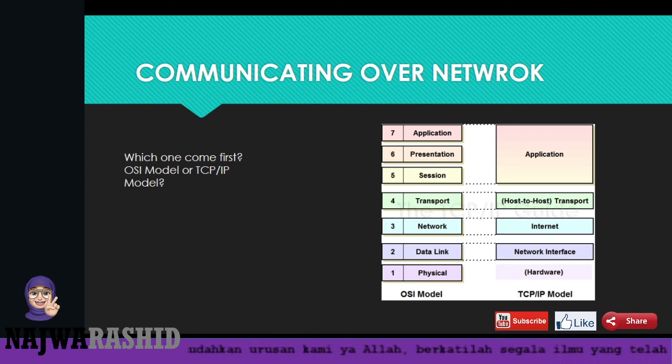And then we have the link layer. At the link layer, this layer communicates directly with the connected network. And then we have the physical layer that provides the physical interface for the transmission of information or data.